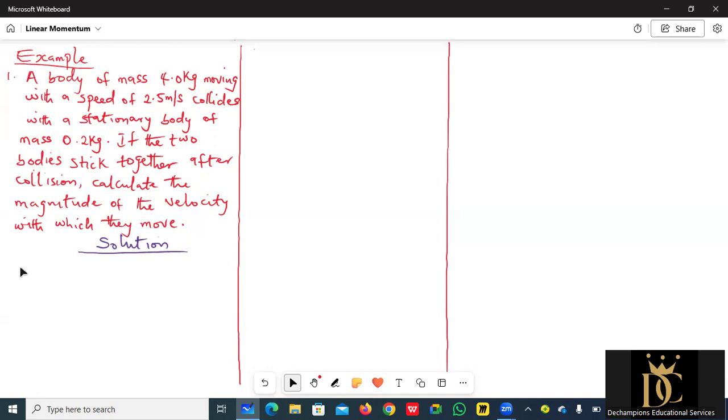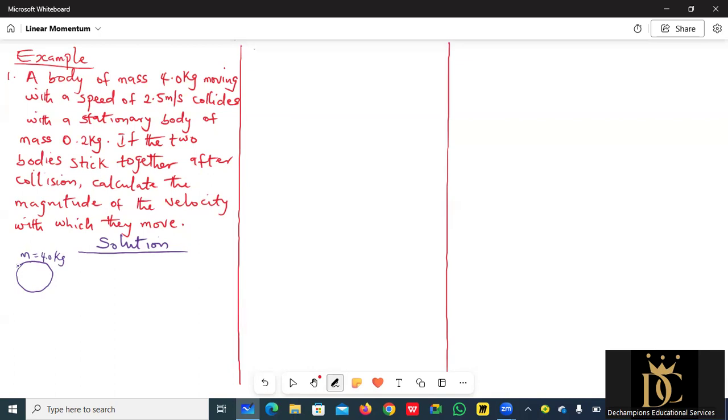In this question, we have two bodies given. Body A is a moving object, while body B is a stationary object that is not moving. Now, let's try and interpret the question. Let's say we have a body, a stone, and the mass of this object A is 4.0 kilogram, moving with a velocity of 2.5 meter per second.